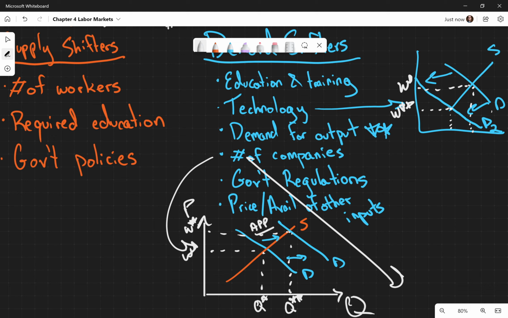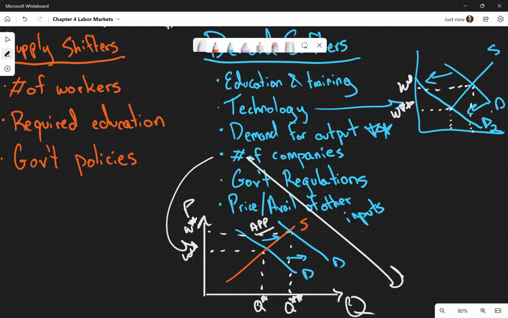And in the same line of technology, the price and availability of other inputs. Let's say you are part of a firm making skateboards. Skateboards have ball bearings and trucks, and let's say you're making the bearings, the little parts of the trucks and the skateboard.